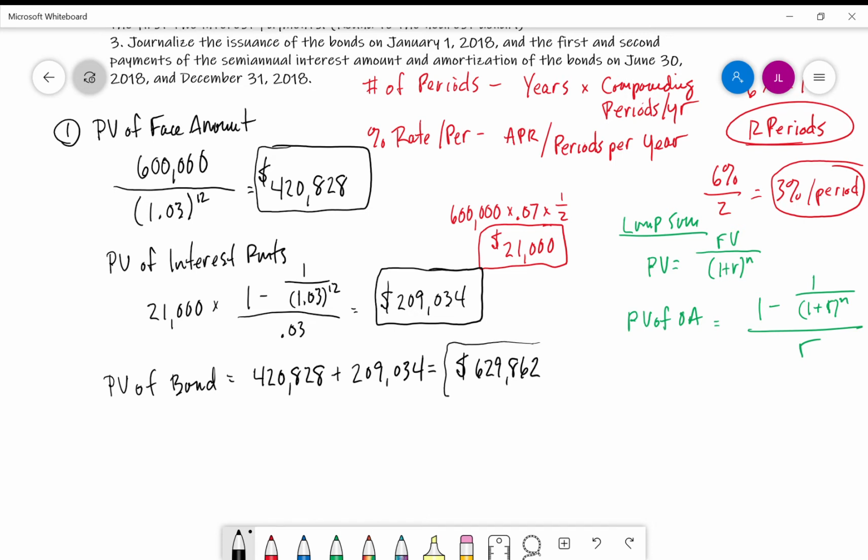This is the current cash value of the bond. That is what the company will receive when they issue this bond, providing they have enough people buying. So that's number 1. That's the cash value.